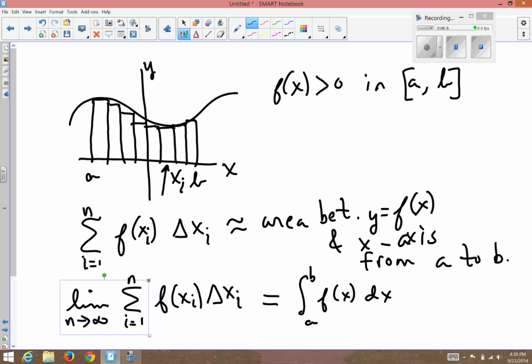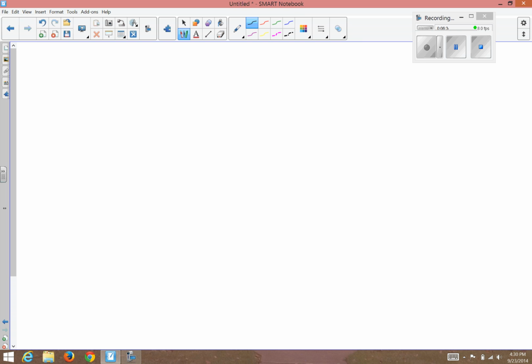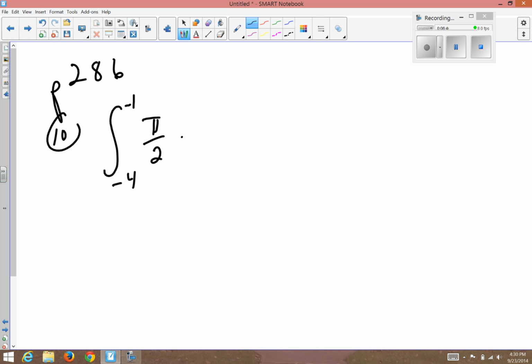So we're now going to do some exercises on page 286. Page 286, exercise 10, says integral from -4 to -1 of pi over 2 d theta. These exercises are meant to help us learn what the symbol means.